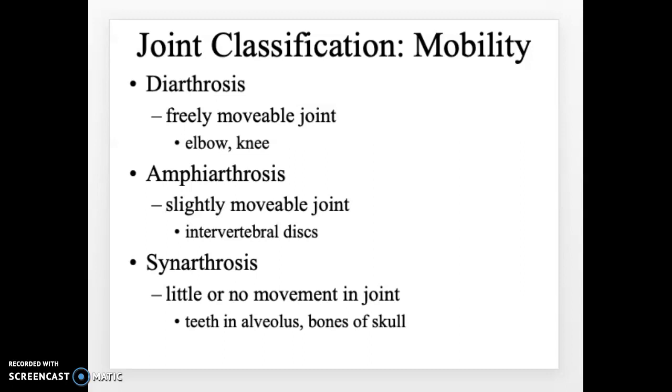These are like your wrists, elbows, knees, etc. Amphiarthrotic joints are slightly movable. So in your back, your vertebrae are kind of slightly movable. Synarthrotic joints are no movement. So these are like the teeth in their teeth sockets. They shouldn't really be moving. The bones in your skull should not be moving.